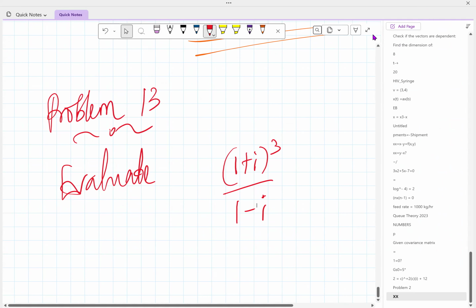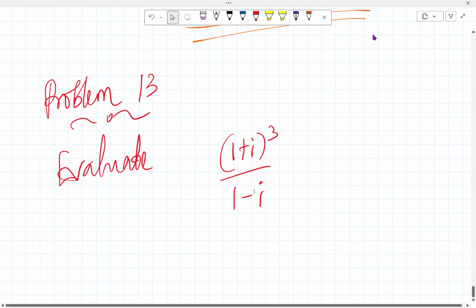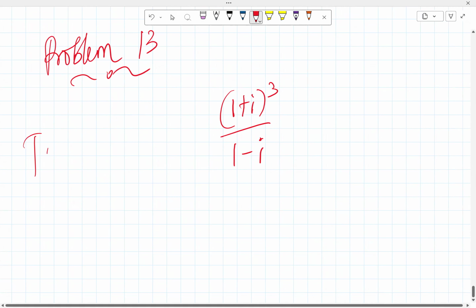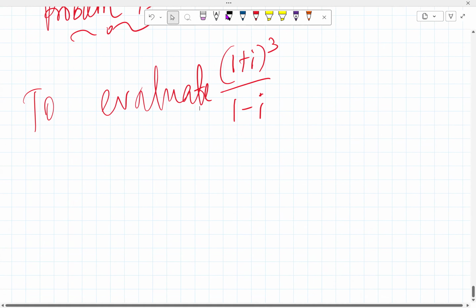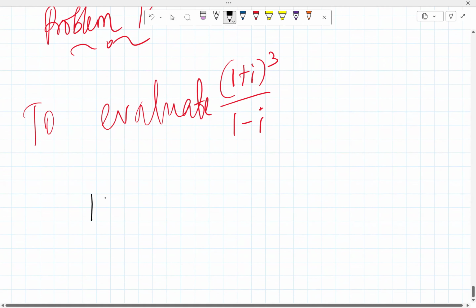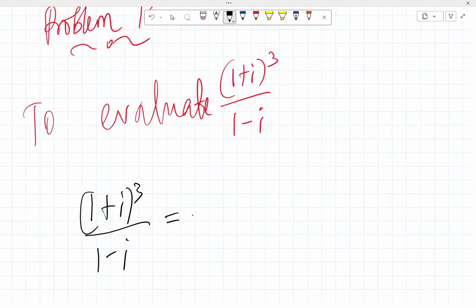Okay, so to evaluate that, we have (1 plus i) raised to power 3 all over (1 minus i). Well, we need to simplify the top first.